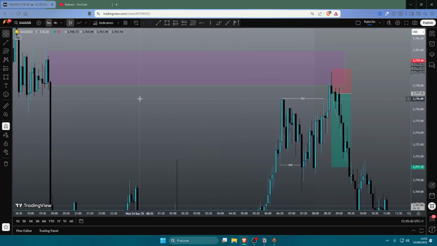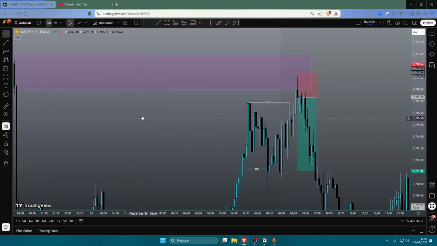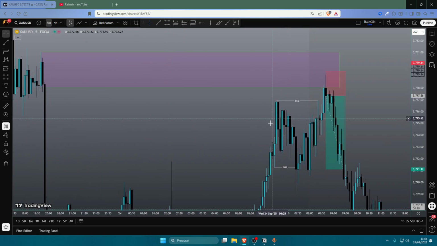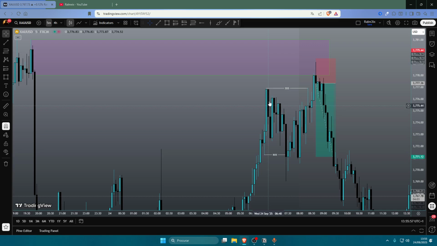So as you can see here, we have this supply, the last up move before the big push down. And right below we have inducement with many candles. And we have the low of that liquidity here, the low taken out with the closure.